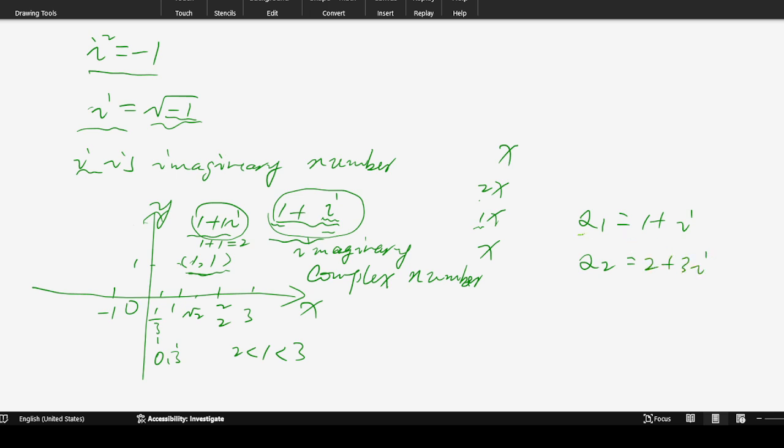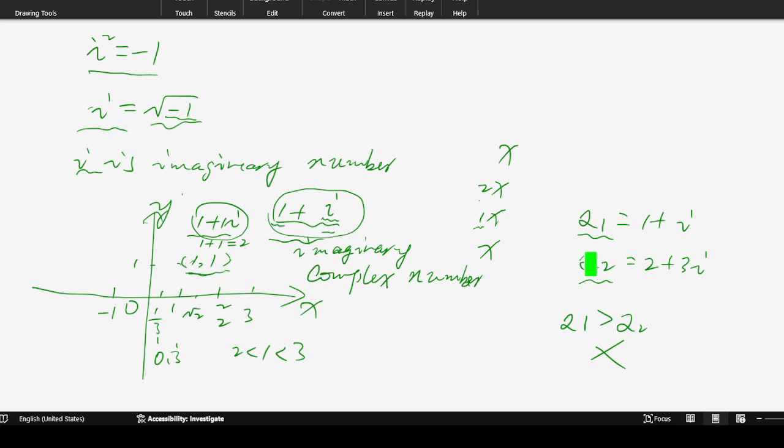You cannot say z1 is larger than z2. You cannot compare positions. Positions are only different places, not big or small. That's a characteristic of complex numbers.